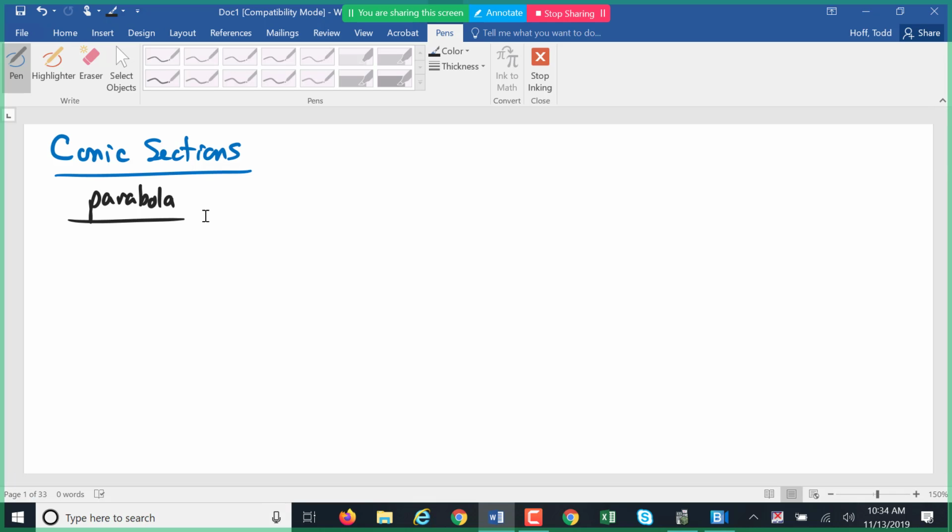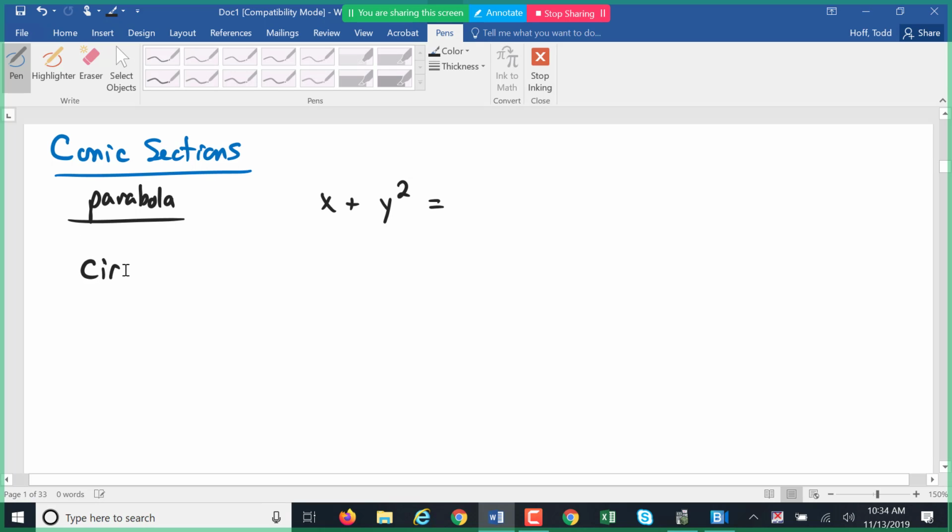And the standard form of its equation, of course, is x plus y squared equals some number. We've had circles. The standard form of an equation for a circle is x squared plus y squared equals a number.